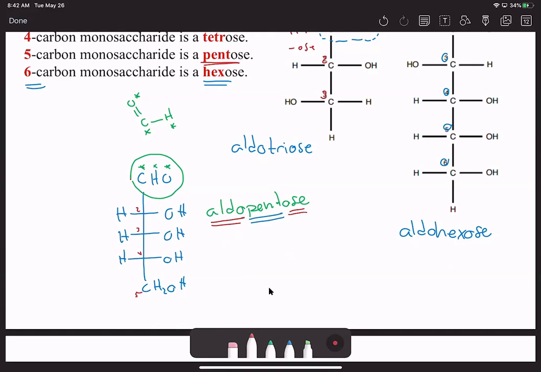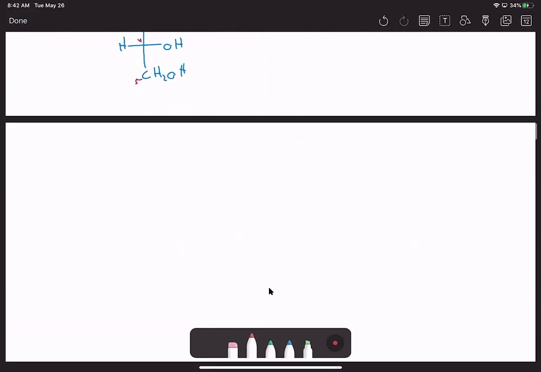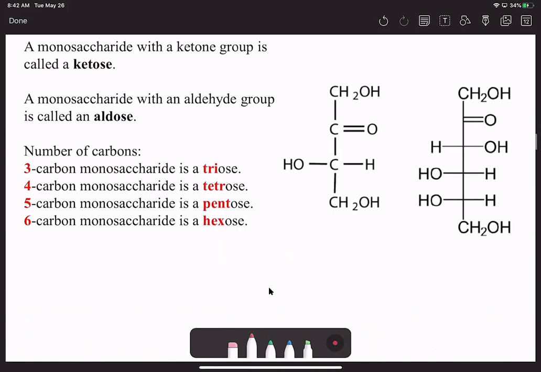So ketoses are named very similarly. If we had a ketone functional group, instead of saying aldo, we would put keto. Right? So we're still using the triose, tetrose, pentose, hexose, but we're going to use keto in front of it because we have this ketone functional group right here.